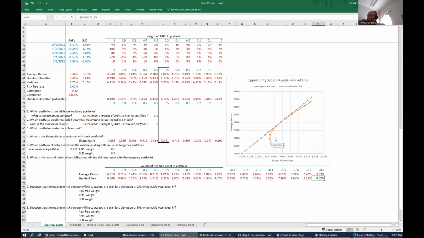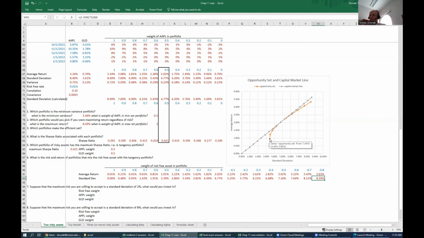And so that's why no one is ever going to hold this particular combination of Apple and Gold, the minimum variance portfolio of Apple and Gold, because they can do better holding the maximum Sharpe ratio combination of Apple and Gold, which is 50-50 Apple and Gold, and then adding some risk-free asset to lower the risk of that tangency portfolio.